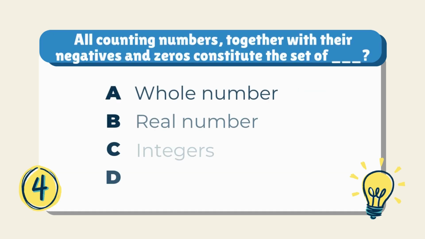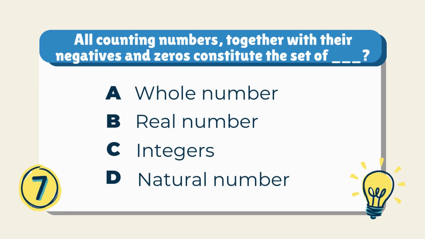Question number 7. All counting numbers, together with their negatives and zero, constitute the set of blank. A. Whole number. B. Real number. C. Integers. And D. Natural numbers.